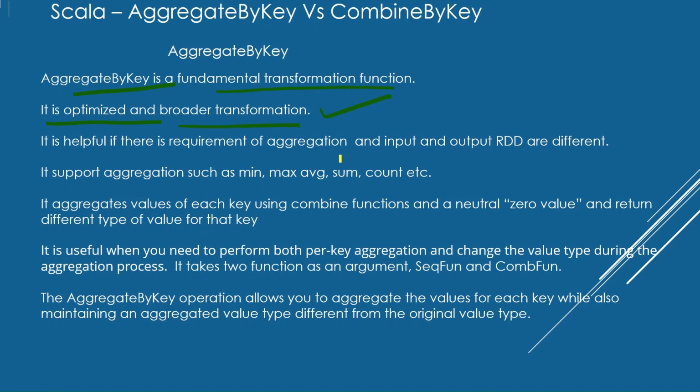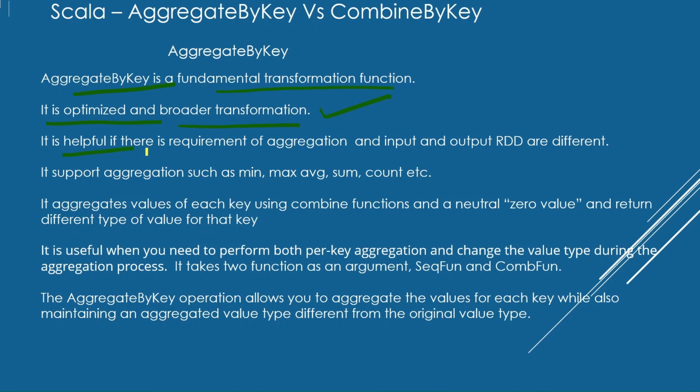Whenever we perform this aggregation function, it will first aggregate all the elements at the partition level. Then the data will become very small, and again it will aggregate the result of each partition to get the final result. So less data will be shuffled, less data will be stored in memory, and the performance will be optimized.